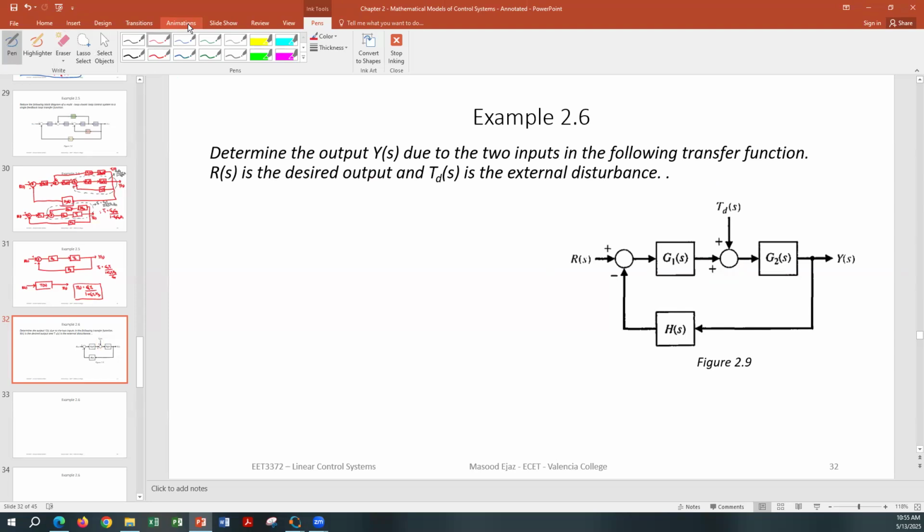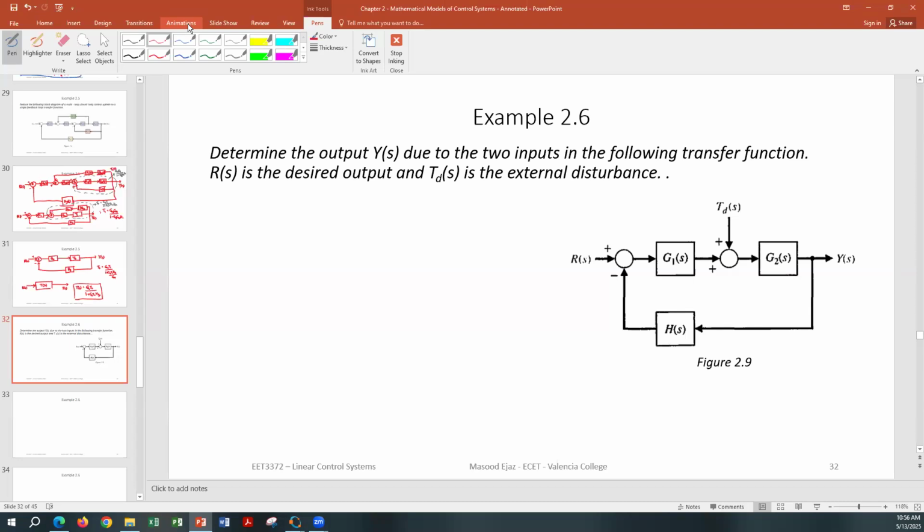That is, you keep only one input active at one time, and based on that input, you write the output. Then you combine all the outputs together: because of R(s), what is the output, and because of T_D(s), what is the output. Once you have those, you combine them together, and that will be your final output.